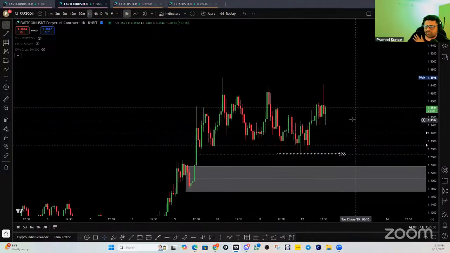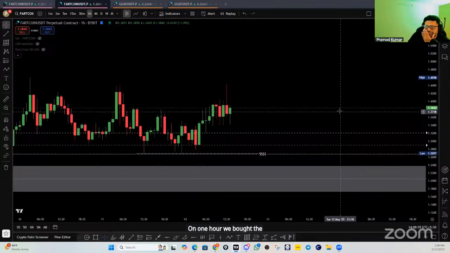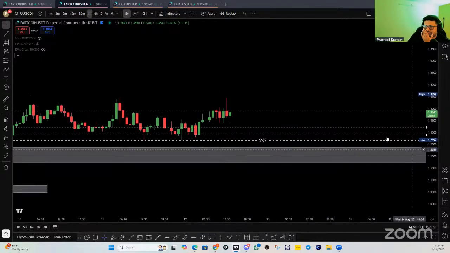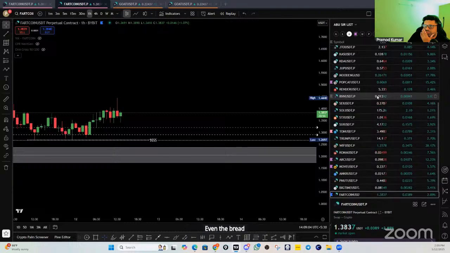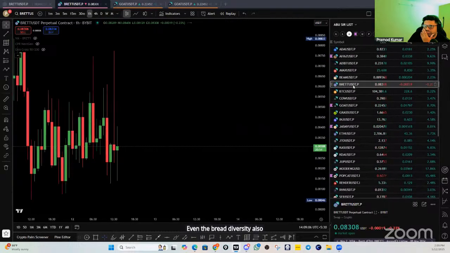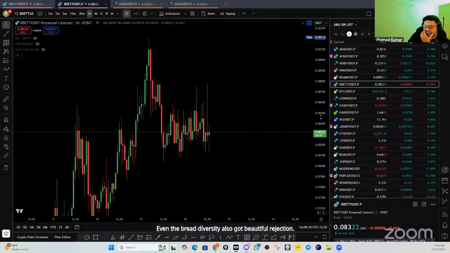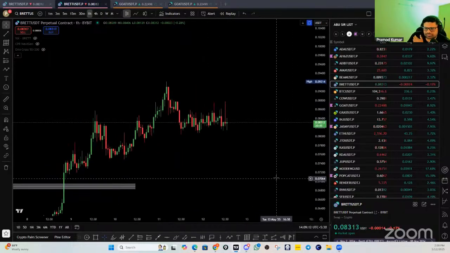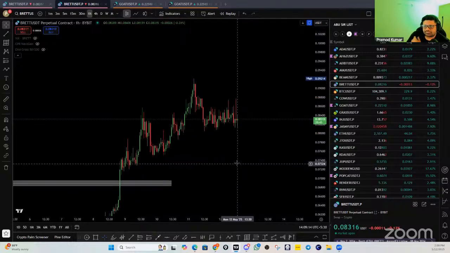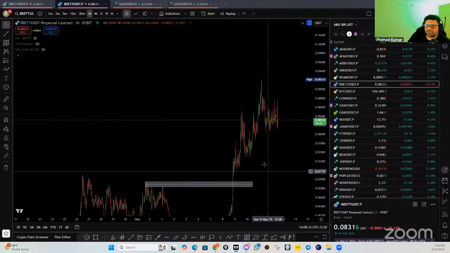On the 1 hour, we got an inverse hammer. Even the other USDT pair also got a beautiful rejection. Now, 1 second.